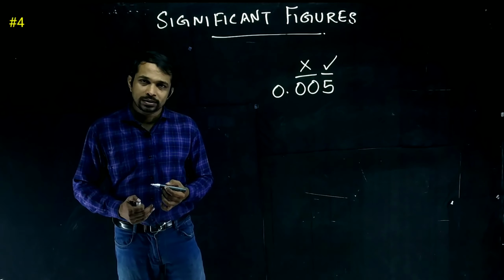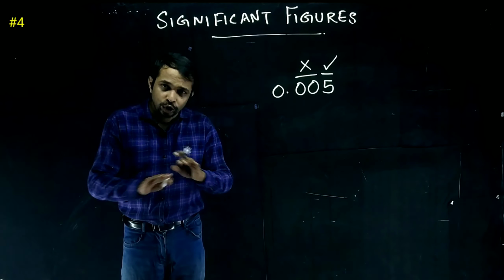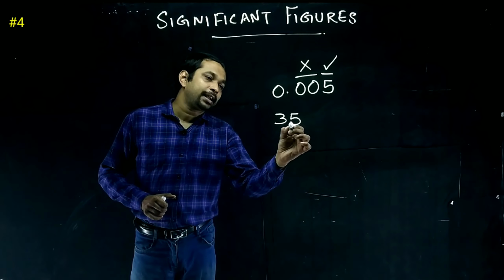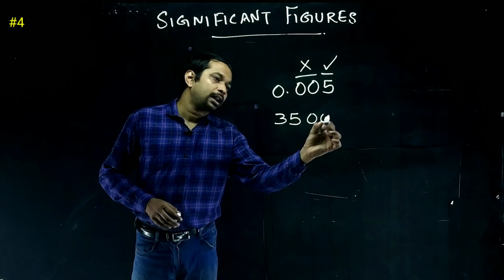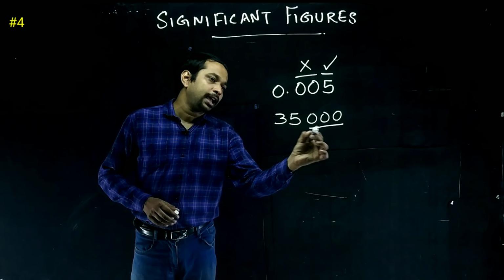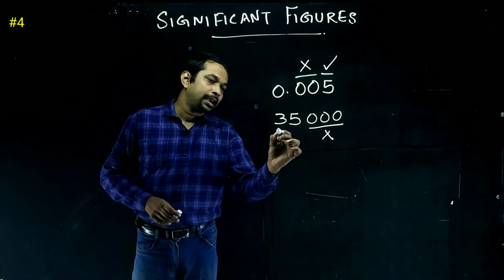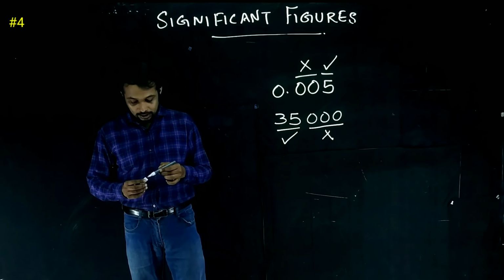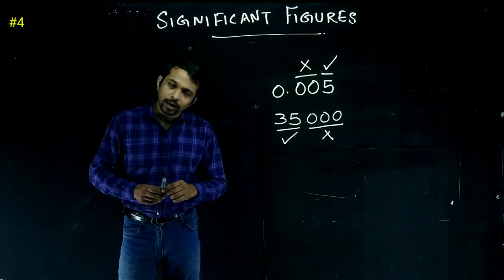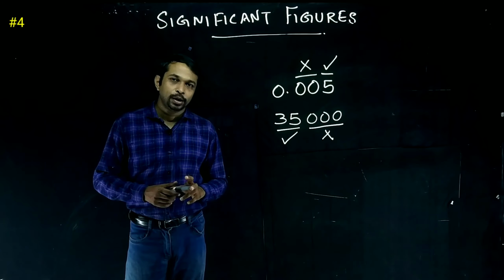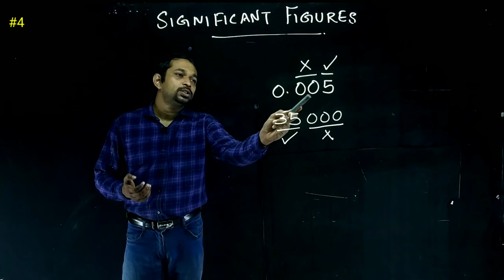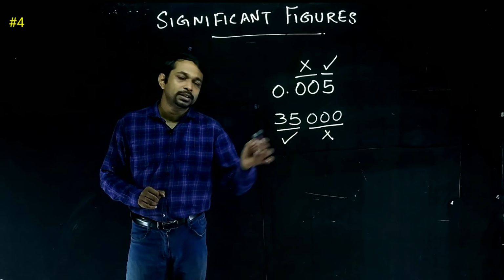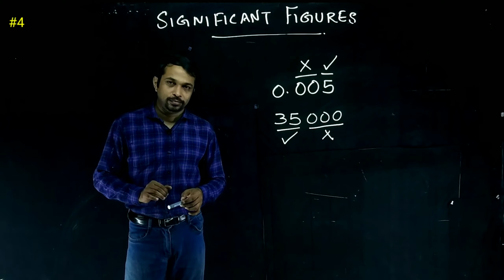And the fifth rule says if a number has no decimal point, all the trailing zeros are insignificant, which means they are insignificant and these two are significant. Now this will disturb you, right? You may think why these two zeros are not significant, similarly why these three zeros are not significant.